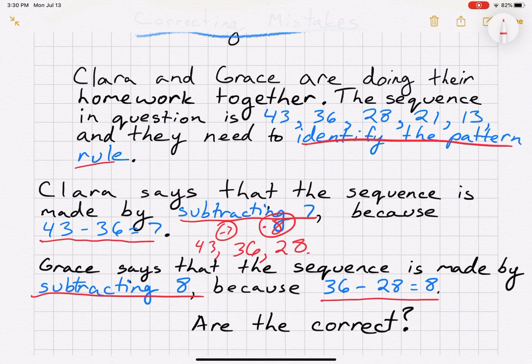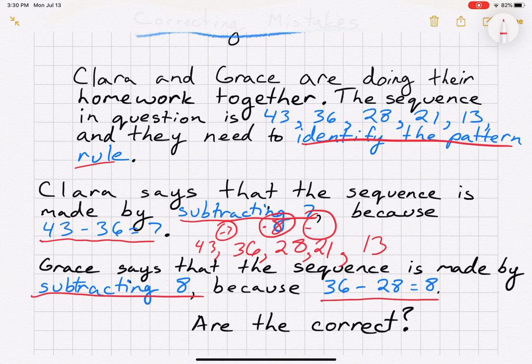So now they're kind of both correct and both incorrect, aren't they? Let's check the next one and see what the sequence actually is. And the next one. All right, so I have 28, 27, 26, 25, 24, 23, 22, 21.